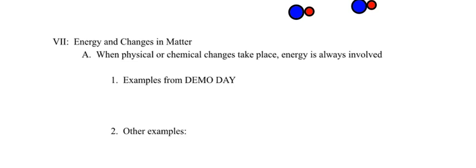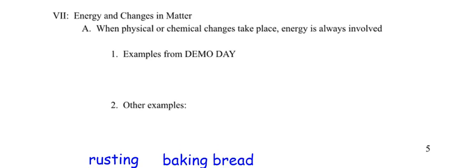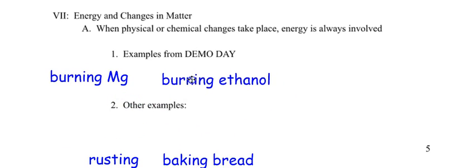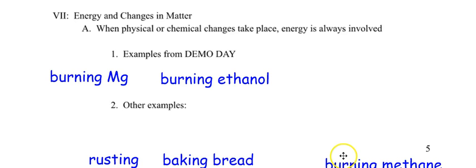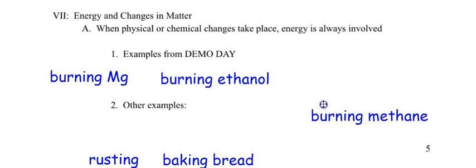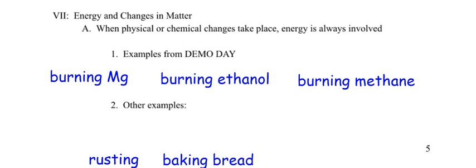Even though my coffee can didn't work out too well, it was burning methane. What about the chemiluminescence? That would be another example. Those are all examples of energy changes.